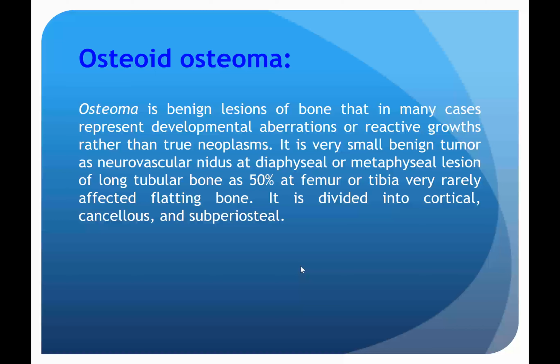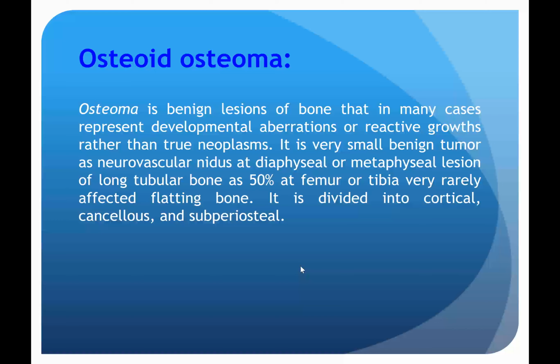Osteoid osteoma is a benign tumor of the bone, and it is a developmental abnormality or reactive growth rather than a true neoplasm. It is a very small benign tumor with a neurovascular nidus inside.